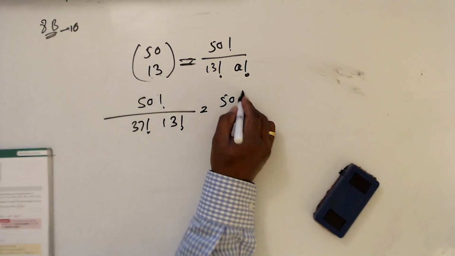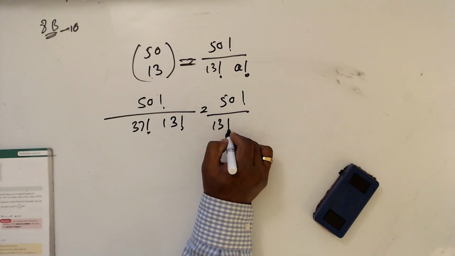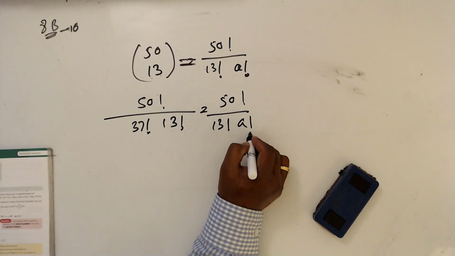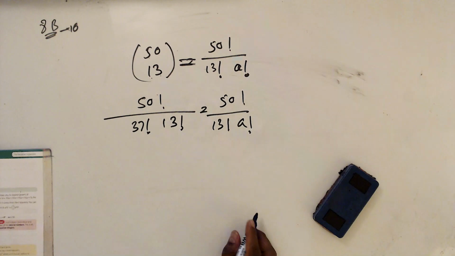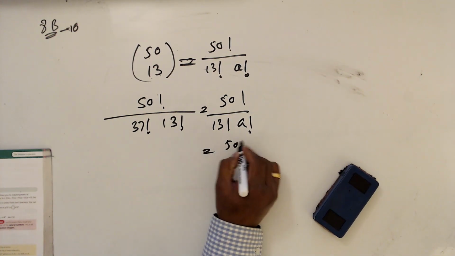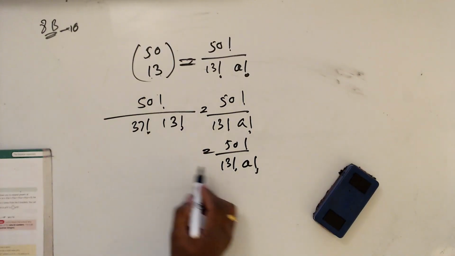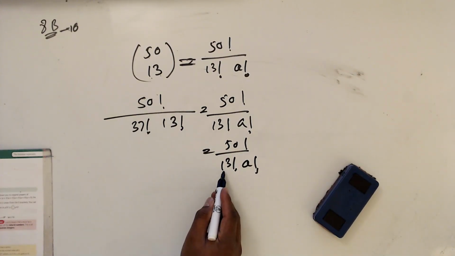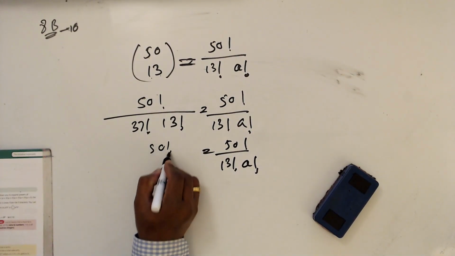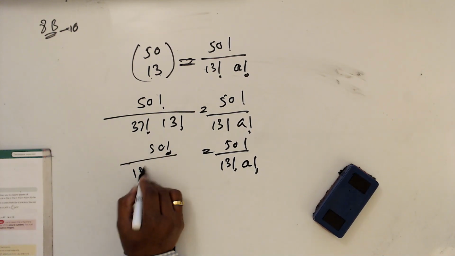Equal to factorial 50 over factorial 13 and factorial a. I will adjust this one, because I can see factorial 13 on the left hand side.